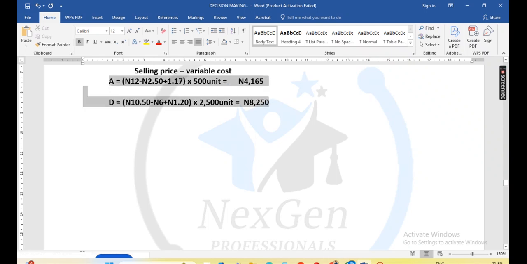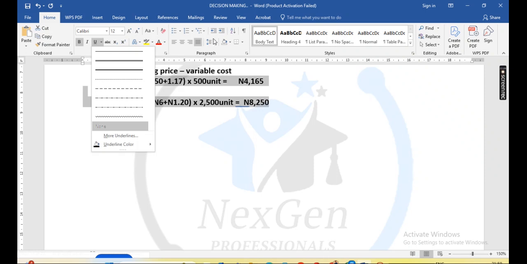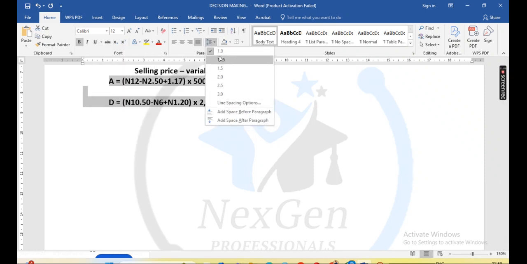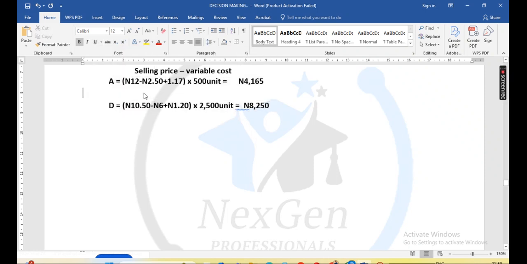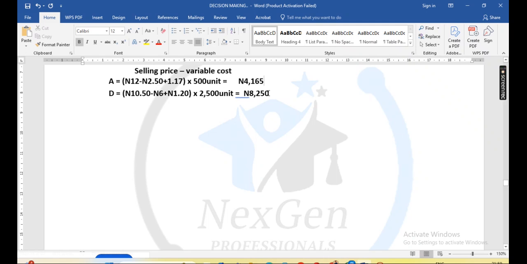So what is the addition of this first? We'll have to keep it one side and check. What is the addition of this? 12,415 naira. 12,415.